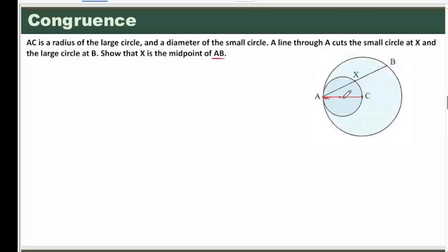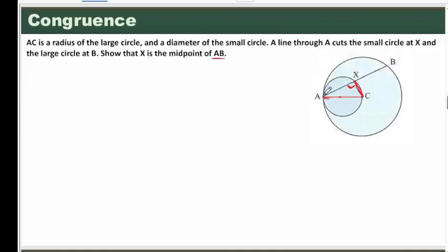First of all, I draw a line from X to C, and we know the angle at the circumference in a semicircle.